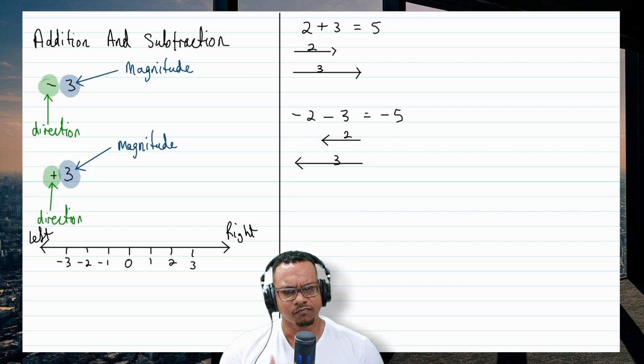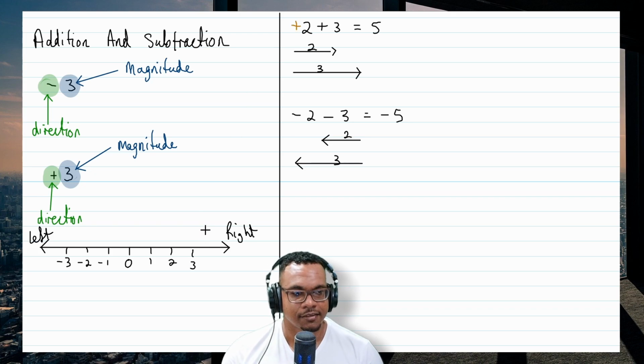And just out of this simple demonstration, you realize that if the signs in front of the two numbers are the same, whether positive or negative, you must add.